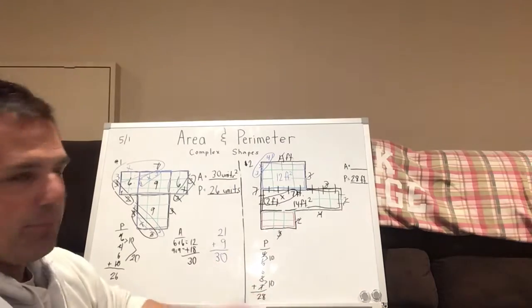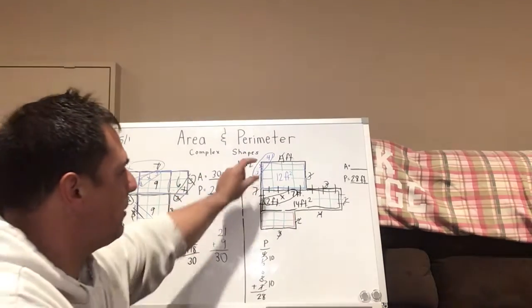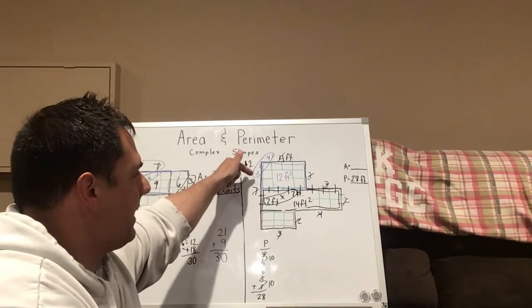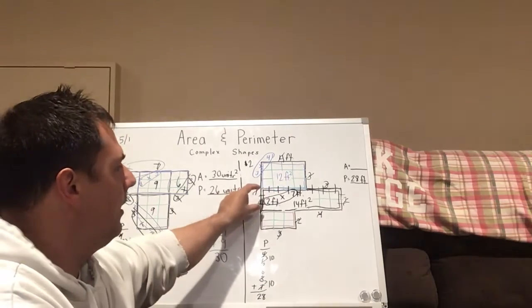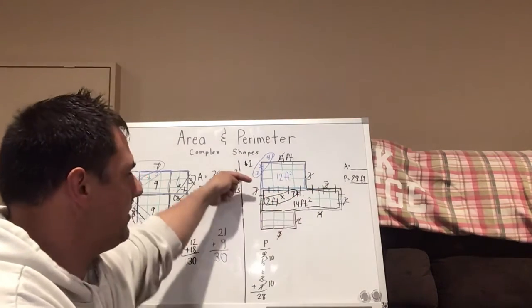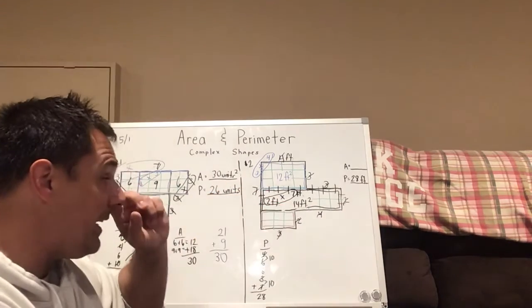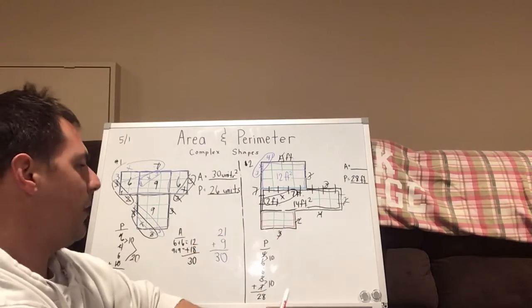So just to kind of recap what I've done so far, I took my irregular shape, I divided it into 3 rectangles. I had a blue rectangle at the top. I multiplied the length 4 times the side 3 and got 12 feet squared for the blue. I measured the top, which was 7 units, and 2 units down, and I got 7 times 2, which is 14. And the part that I have to finish now is this little red rectangle.